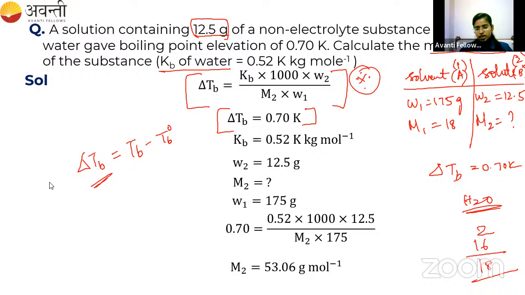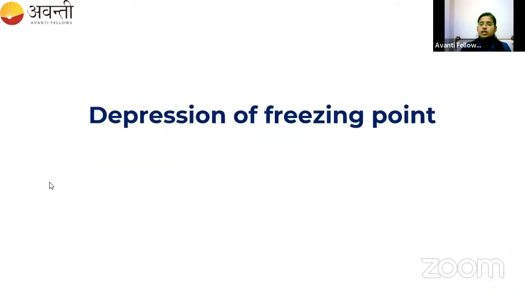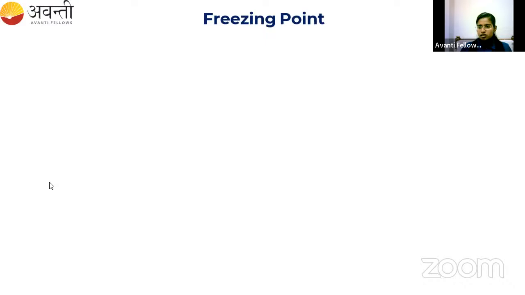So the third property is depression of freezing point. So like boiling point, can anyone give me the definition for freezing point? What is the definition for freezing point, students?